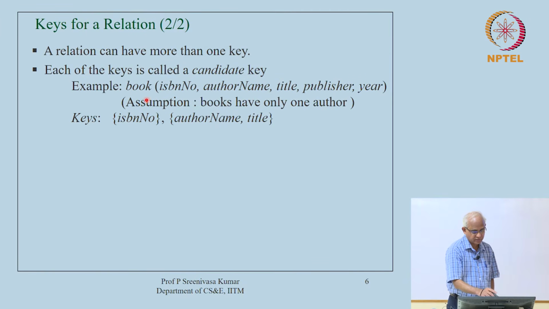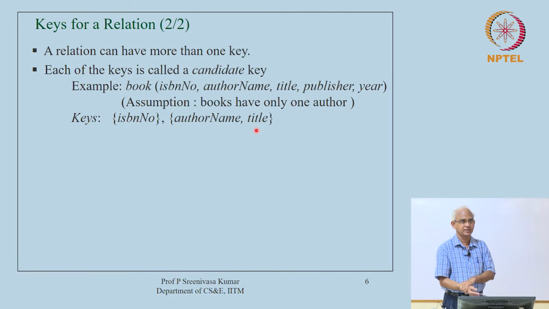So, if that is the case, then there are keys. ISBN number is a key because it is set up like that, the international standard book number for books. And author name and title together serve as a key. No person will write two books with the same title, right? There will be some difference in the title.